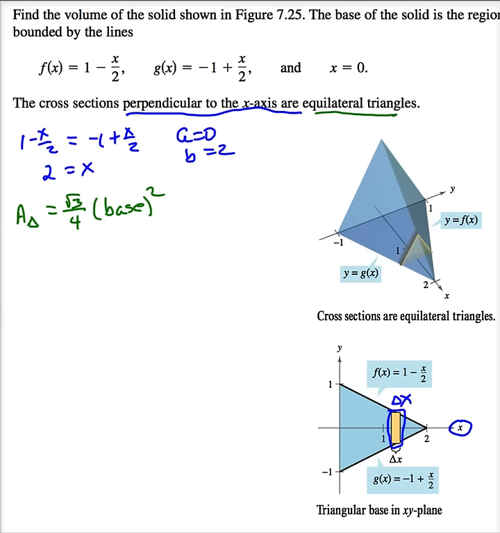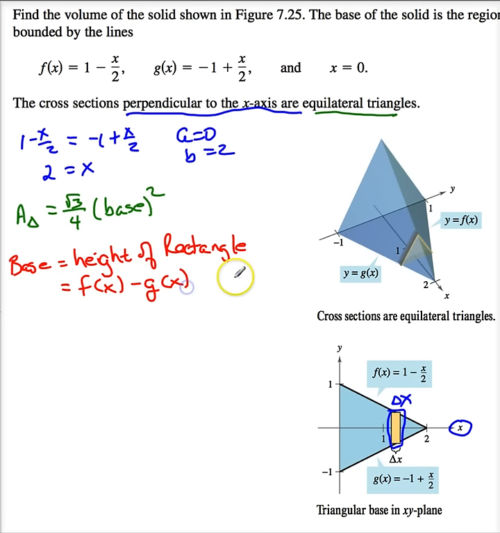So the next thing I need to do is find the base. So the base equals the height of the rectangle, and that's going to equal f of x minus g of x. Remember, it's always top minus bottom, or right minus left.